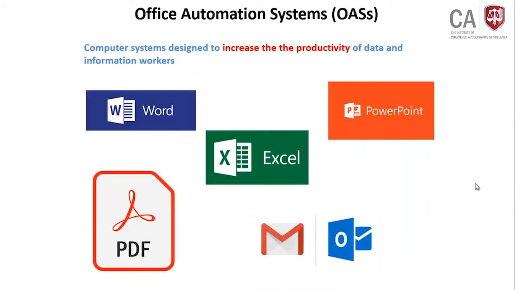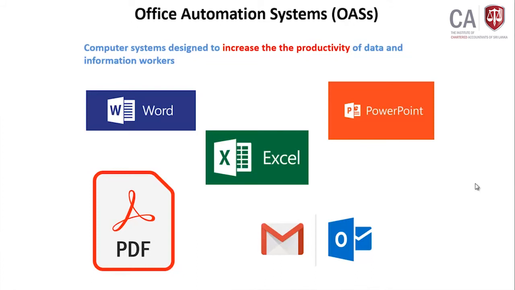Office automation system, I think I do not need to go into details about this, you are familiar with it. That is a kind of computer system designed to increase the productivity of data and information work. You can use Microsoft Word, PowerPoint, Excel, PDF, email, Gmail and Office 365 email.